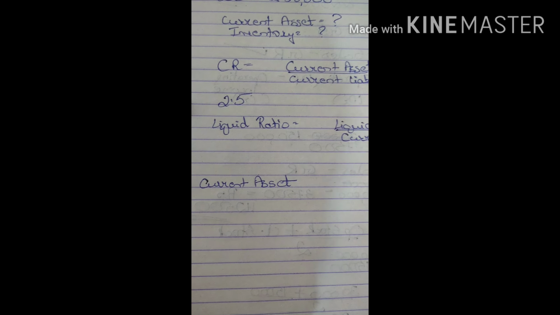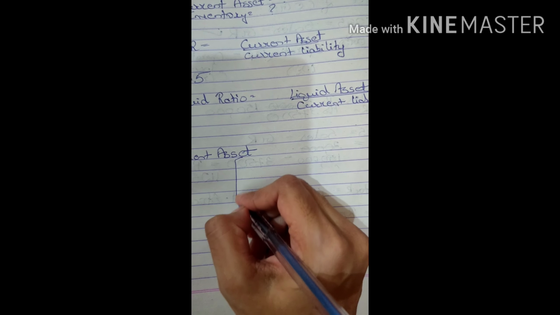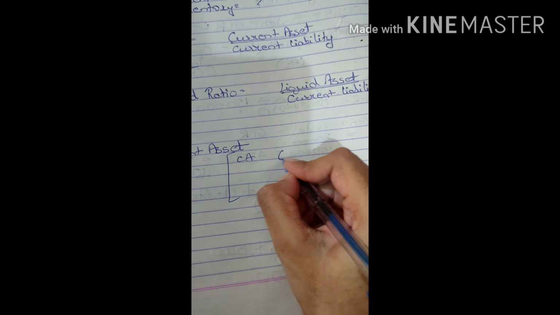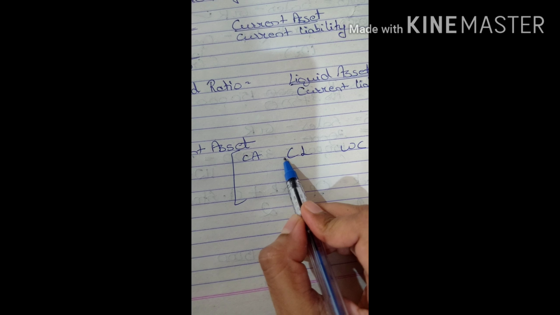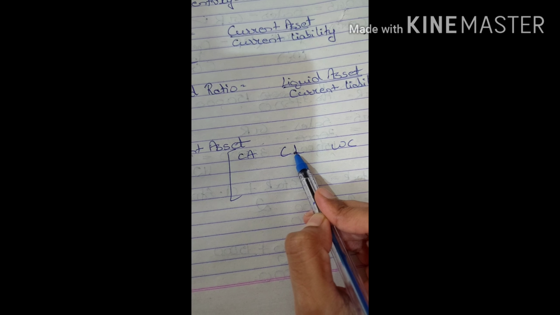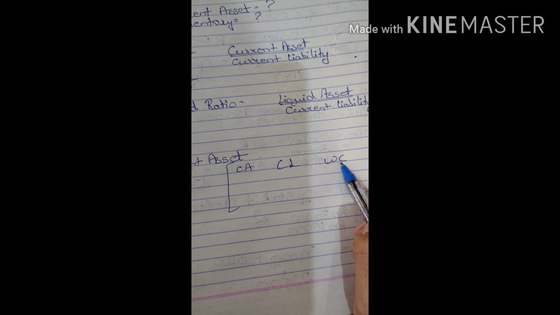With this we can find our current asset and current liability. So CA stands for current asset, CL stands for current liability, and WC stands for working capital.